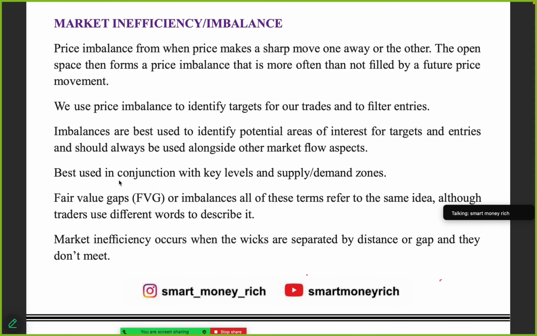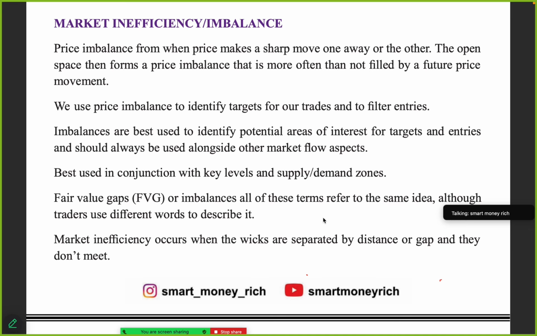Market imbalances are best used in conjunction with key levels and supply and demand zones. Fair value gaps, which is FVG, or imbalance, all of these terms refer to the same idea, although traders use different words to describe it.